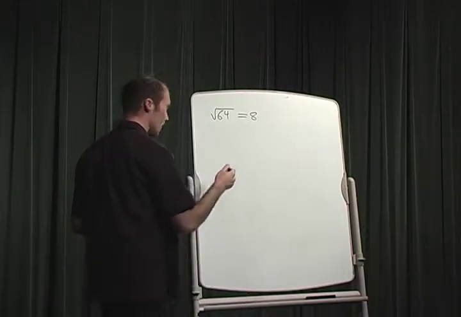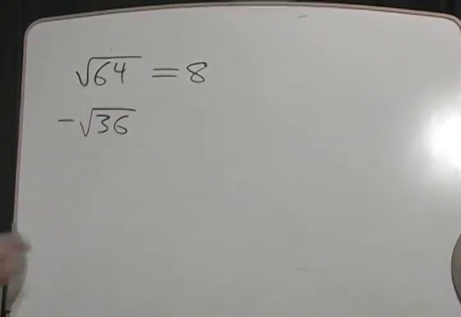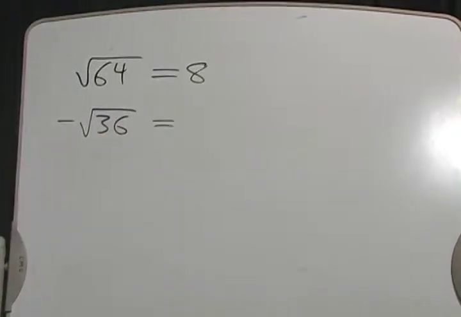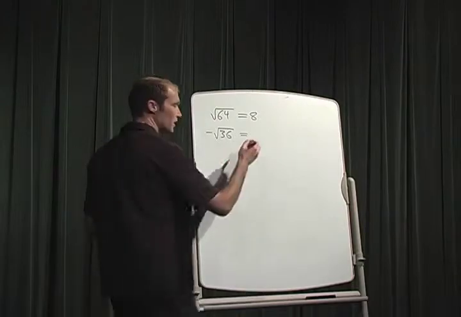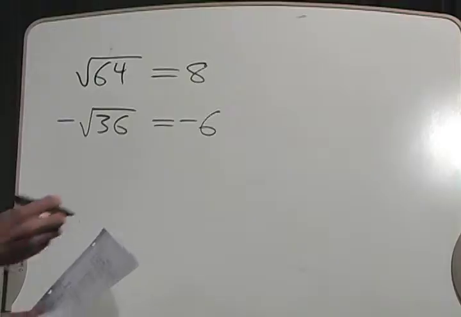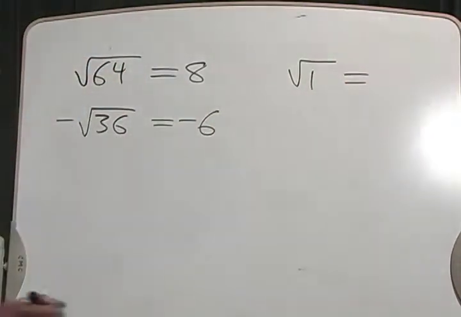On the other hand, if I wanted to give the answer to negative root 36, well, I know that 6 squared is 36, but here I'm interested in the negative square root. My answer is going to be negative 6. How about this one? Let's suppose that I have the square root of 1.